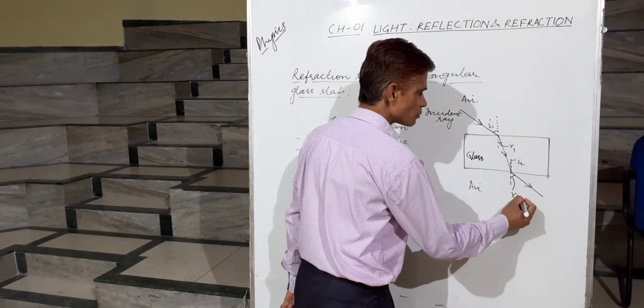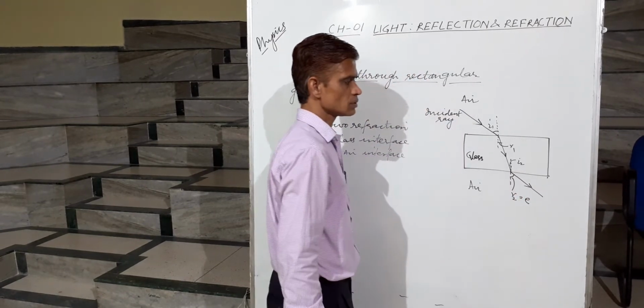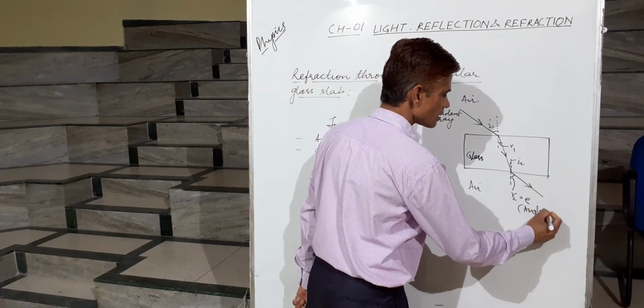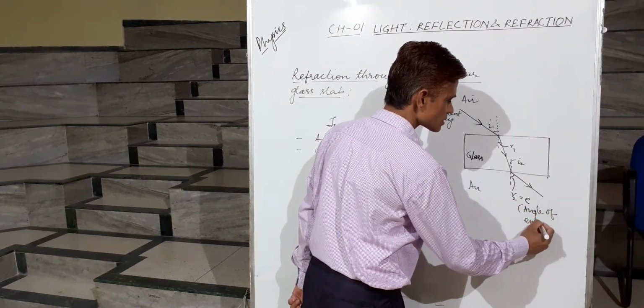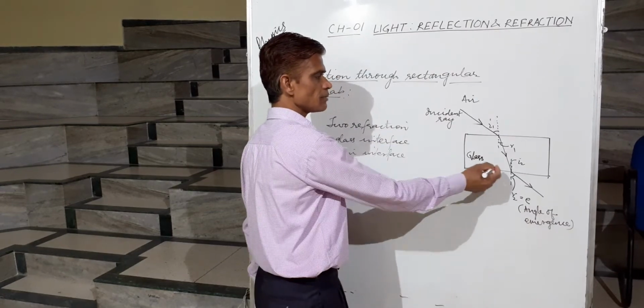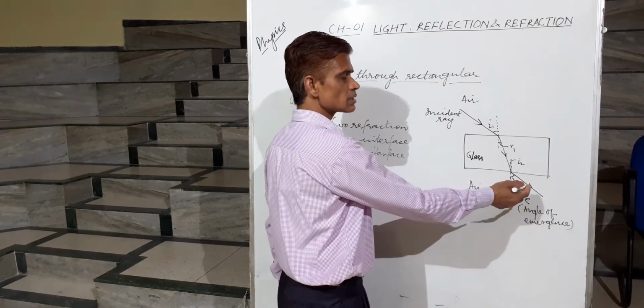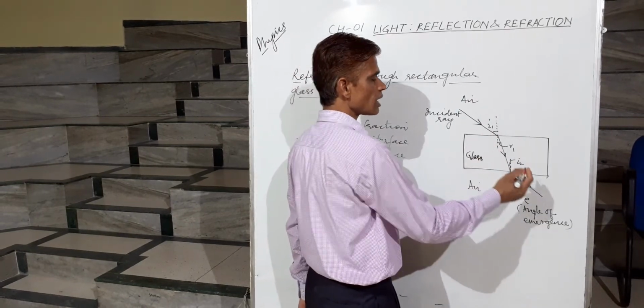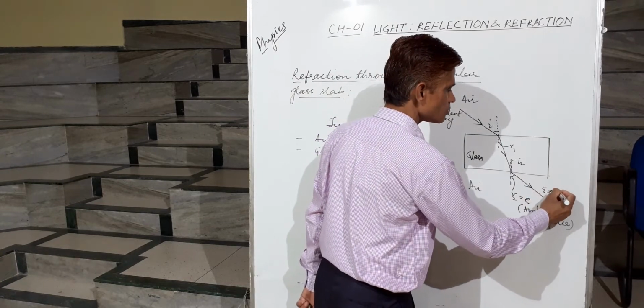This we represent by E also. That is called the angle of emergence. That is the ray finally emerging out. This is the finally emerging ray from the glass slab, and this is called the emergent ray.